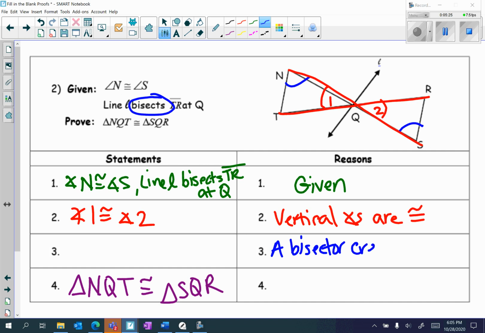A bisector creates two congruent parts. Now remember, whatever comes second is what's being bisected. So TR is being bisected. TQ is going to be congruent to RQ.